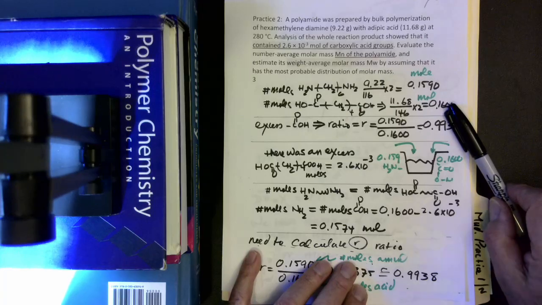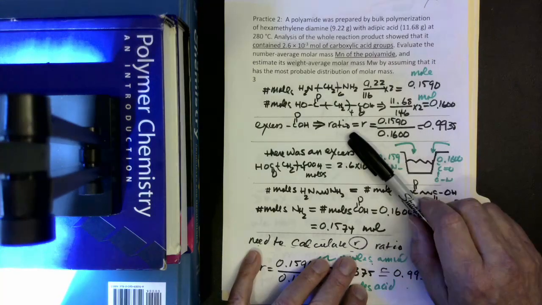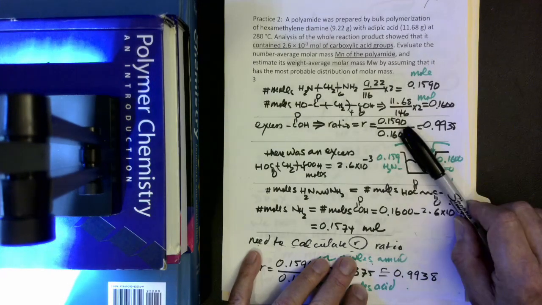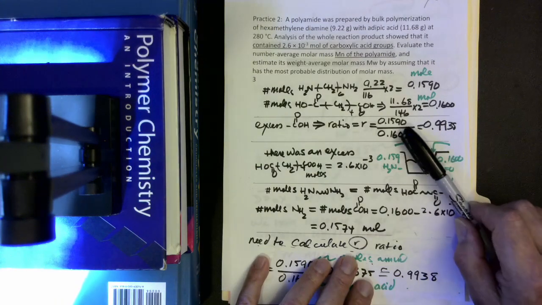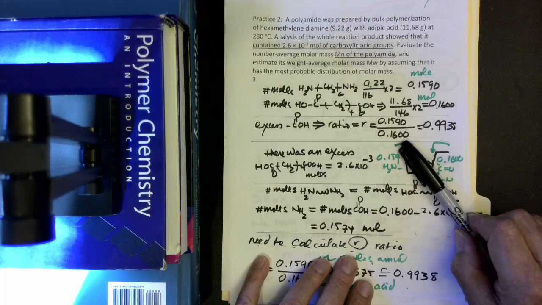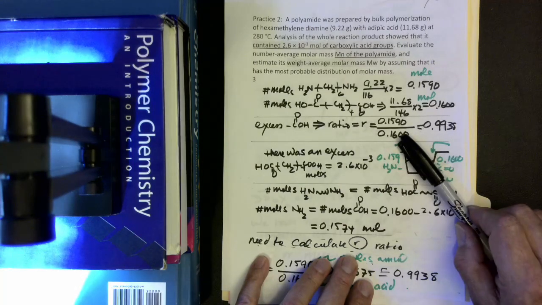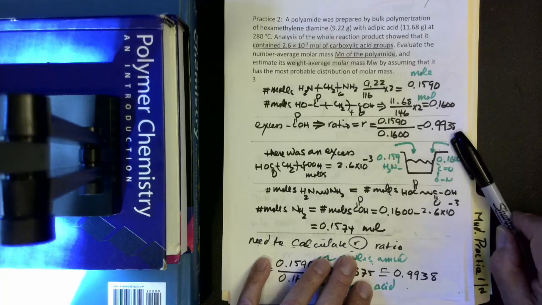So the ratio of the two moles, the diamine, the smaller one, to the carboxylic acid, gives the R that we're going to use later on as the ratio: 0.9938.